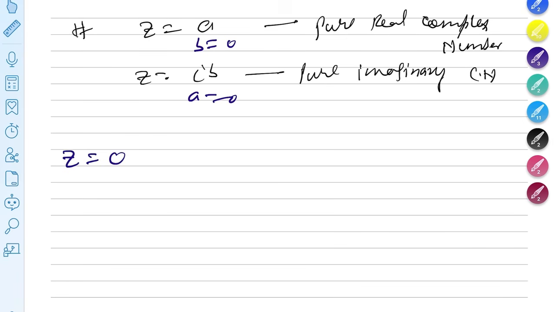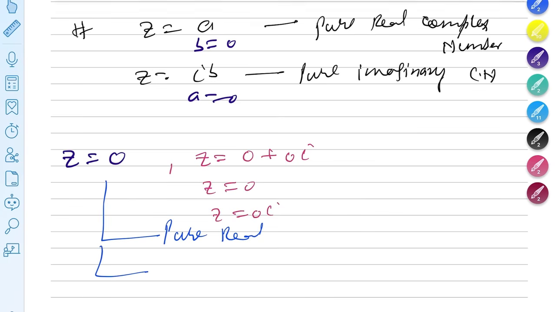Obviously, z equal to 0 is a pure real number, and also a pure imaginary number, because zero can be written as 0 plus 0i. So z equal to 0 is both; we call it a pure real number or a pure imaginary number.